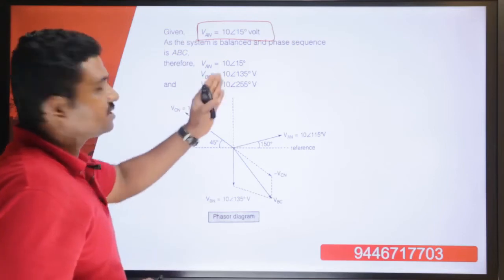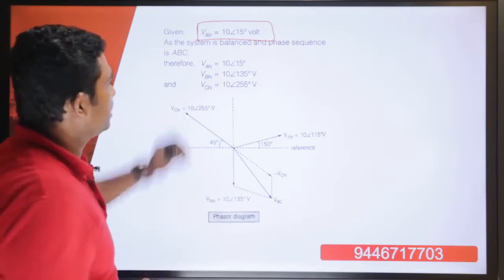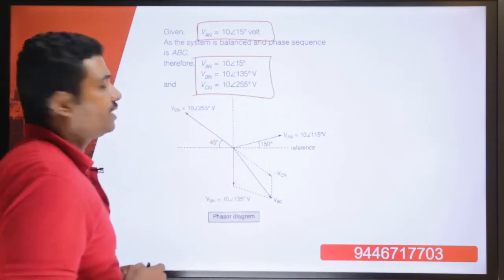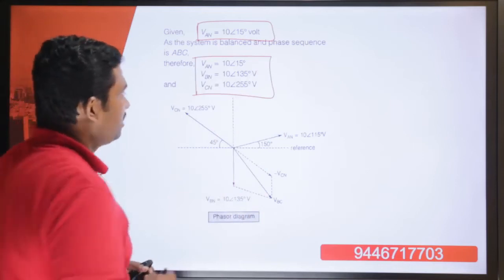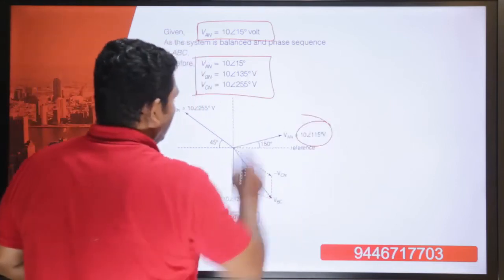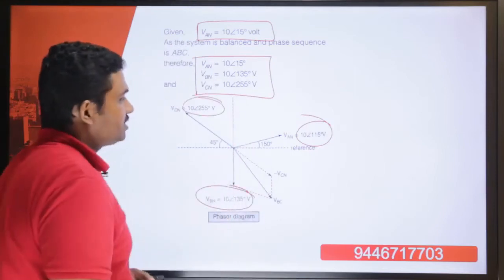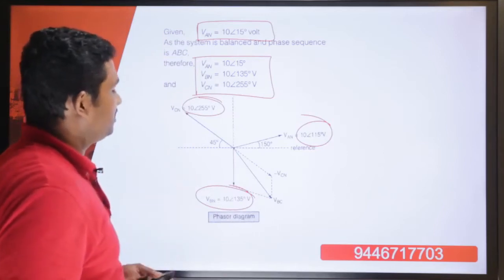But since our reference is 15 degree advanced, we will have to take it as 10 angle 15 degree, 10 angle 135 degree, and 10 angle 255 degrees. So these are the three voltages: VAN, VBN and VCN.